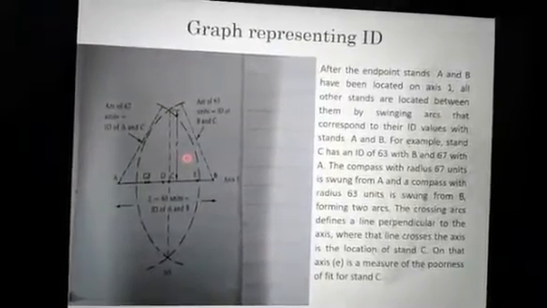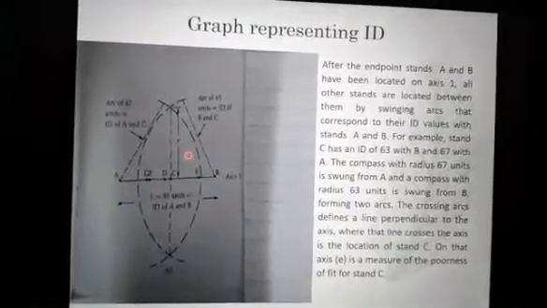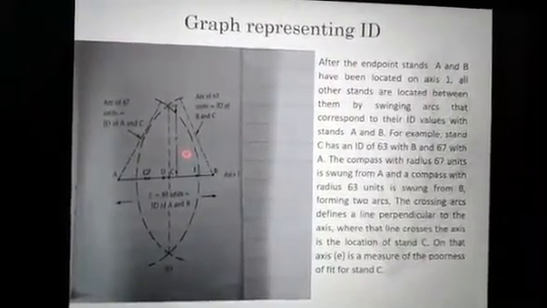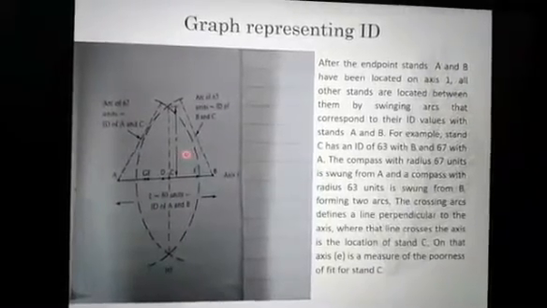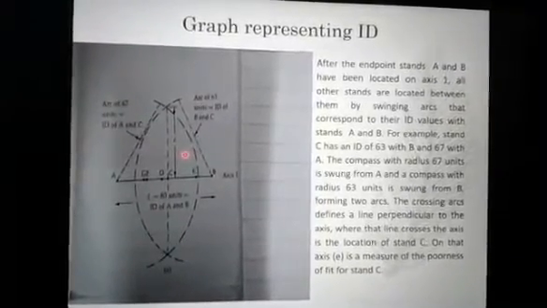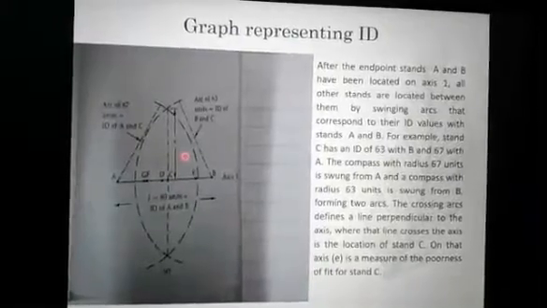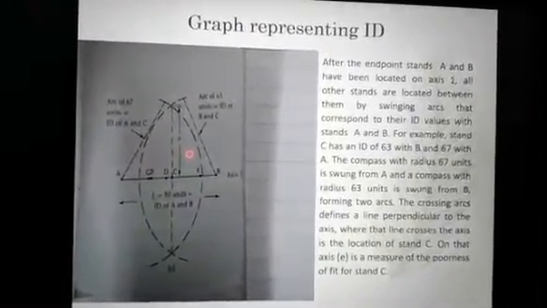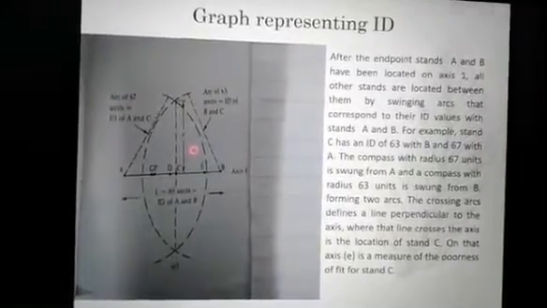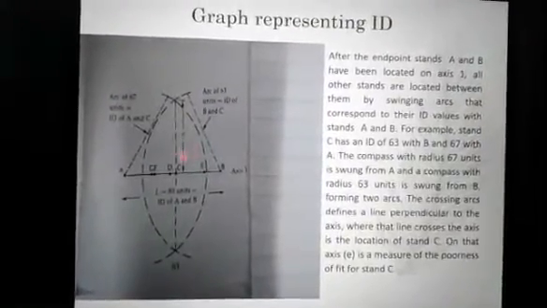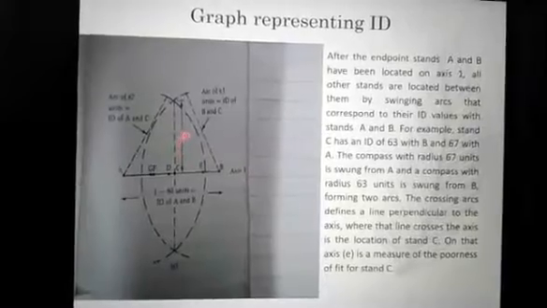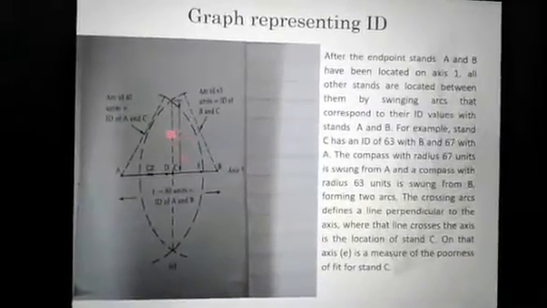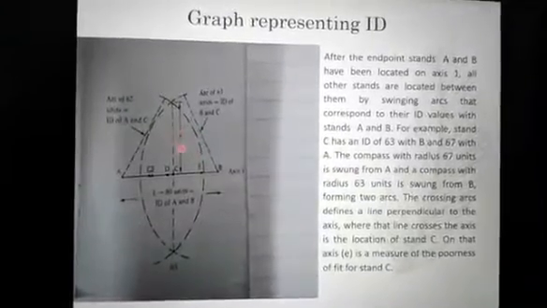Where the line crosses the axis is the location of stand C on the axis. Here, this small e is what we call the measure of poorness of fit for stand C.